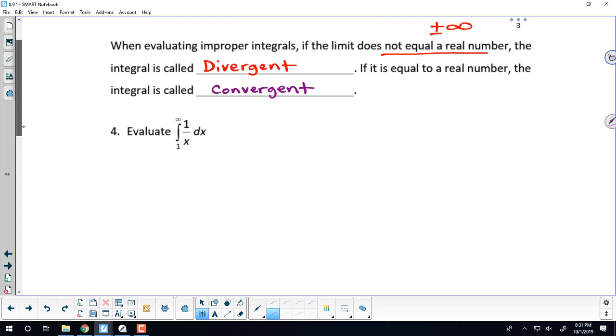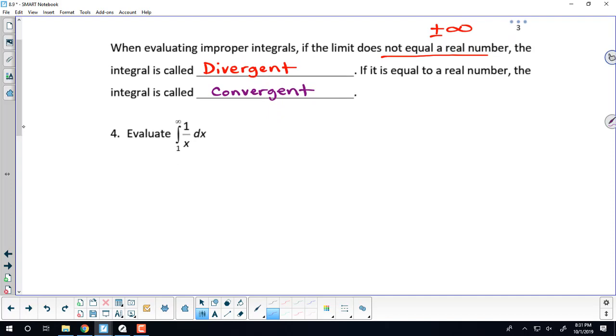So to evaluate these things, you need to look at the function and determine what's causing the issue. The issue here is that the upper bound is going off to infinity. So the way we handle that, and we're going to stick with the convention from the fundamental theorem of calculus, integral from a to b of f of x dx, it really doesn't matter what we call the improper portion of that integral. Since it's the upper limit, we'll call that b.